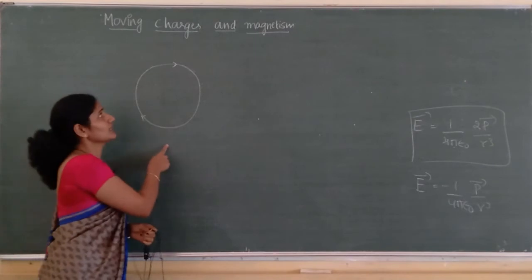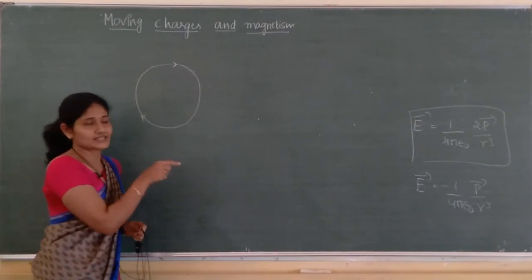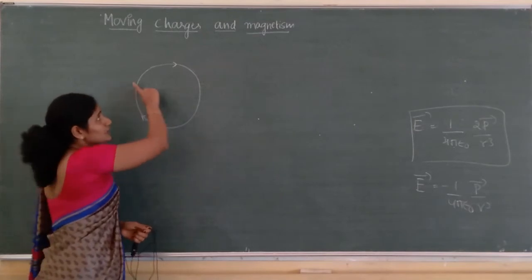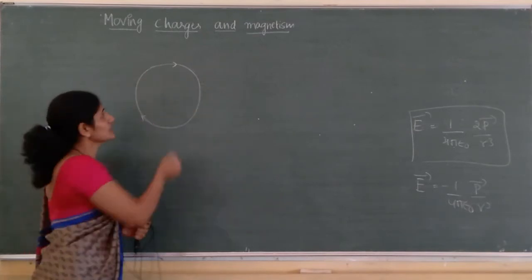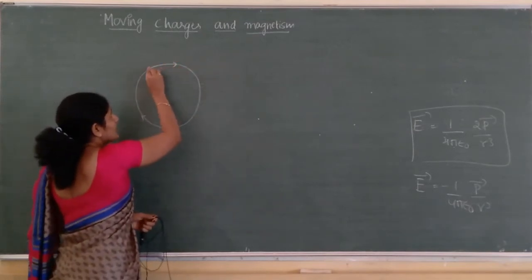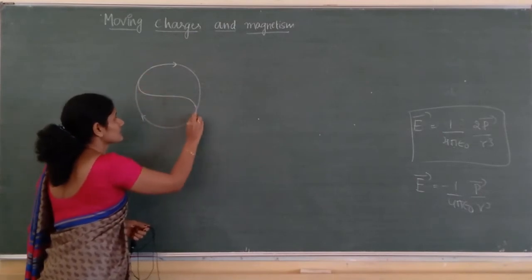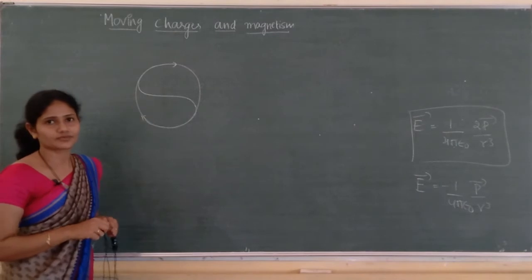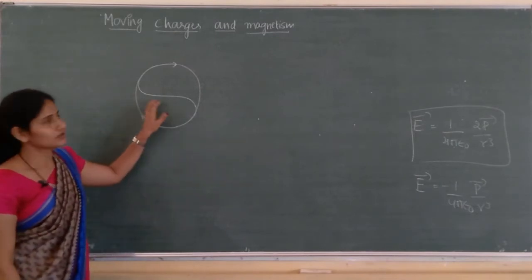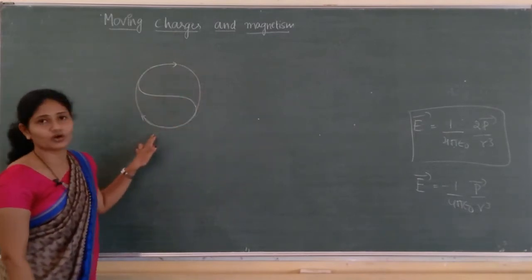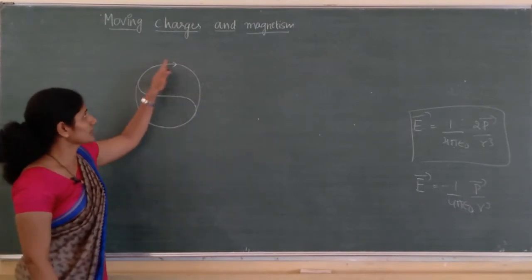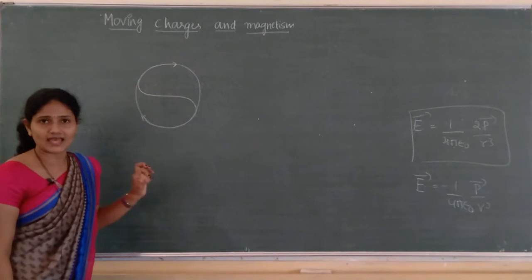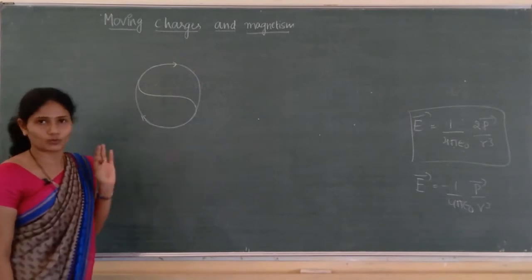So, the face of the coil in which the current flows in clockwise direction is considered as magnetic south pole.